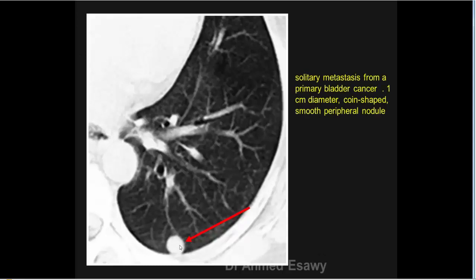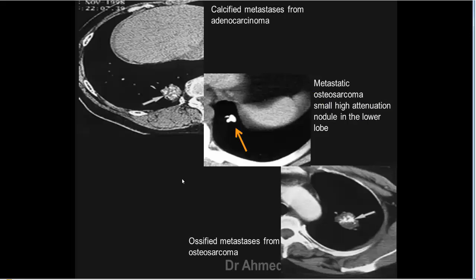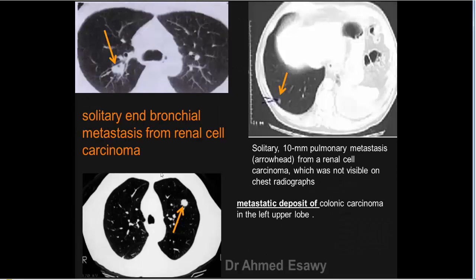This is a solitary metastasis, a 1 cm diameter, coin-shaped, smooth peripheral nodule in primary bladder carcinoma. This is calcified metastasis from osteosarcoma, calcified metastasis from adenocarcinoma, metastatic osteosarcoma, a small high attenuation nodule.